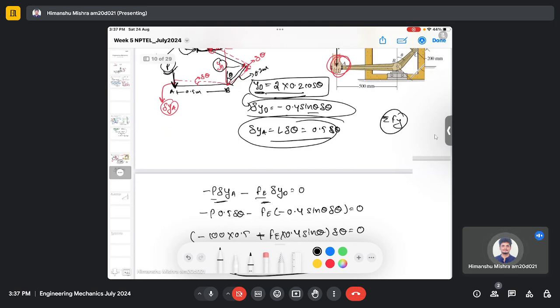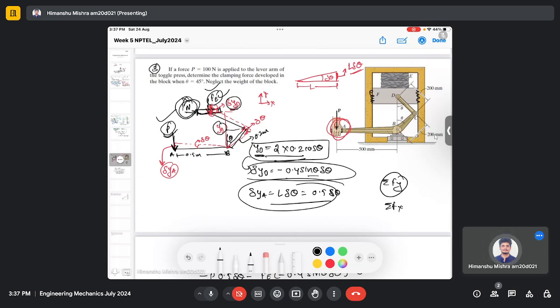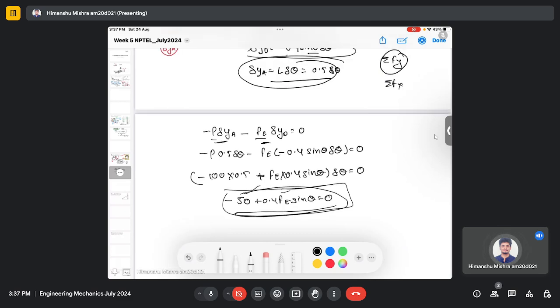Then you would also need to do the force balancing in the x direction, which relates the normal force to horizontal reaction forces, but here you don't need to bother about this. So this is the equation you got, and the same equation you might have got when you balance the forces in the vertical direction.